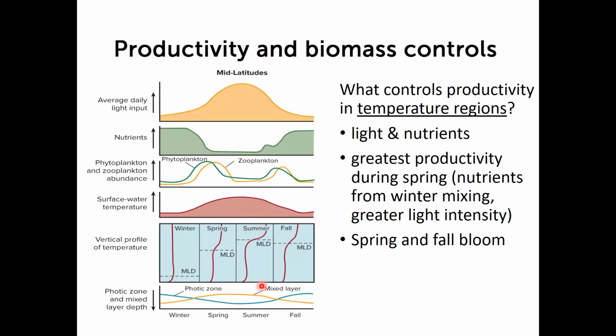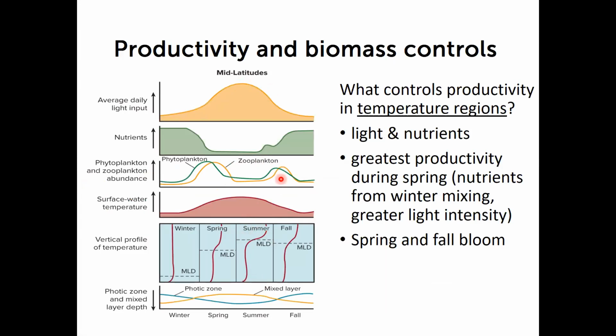All of the recycled, regenerated nutrients are down here. They're no longer being mixed up to the surface. So even though we have plenty of sunlight in the summer, we don't have as much nutrients because of this shallow mixed layer. So there's still some primary production taking place, but not as much as the spring.